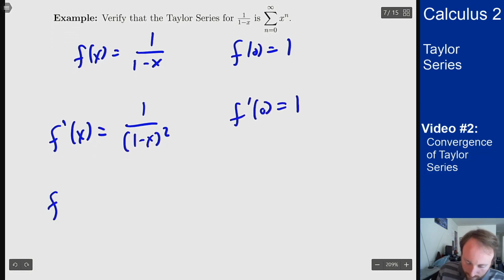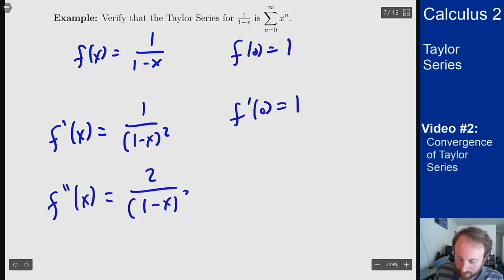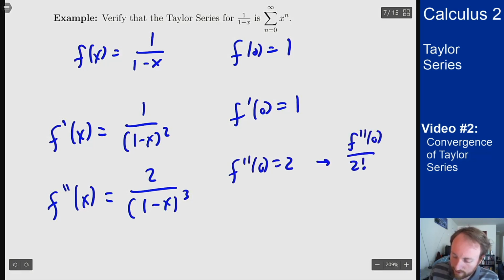That's good. f double prime of x is going to be now a 2 over 1 minus x cubed. The minuses and the powers are always going to get canceled out by the minus x I get from the chain rule. So I get a 2 here. So f double prime of 0 is 2, which means f double prime of 0 over 2 factorial is 1. This is also good because all of our coefficients in the series are all 1.